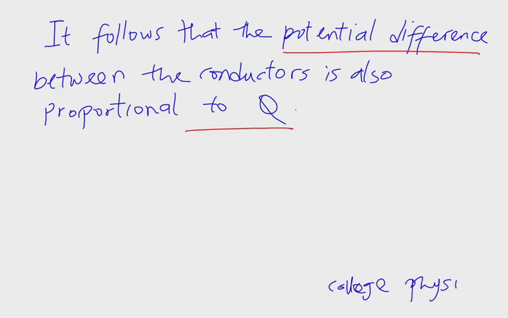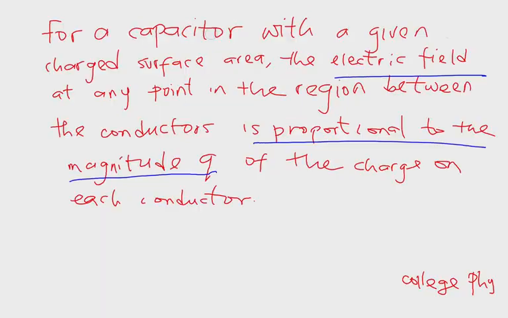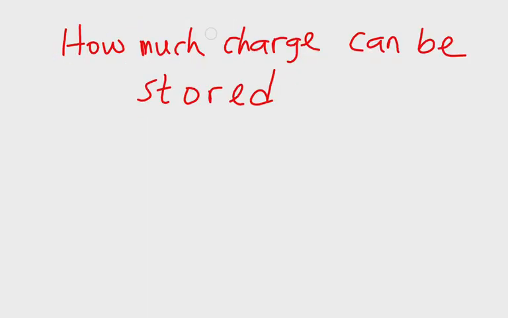Okay, now we want to look at the relationship between C, Q, and V. What is C, by the way? Remember, I've said that this is how much charge can be stored.